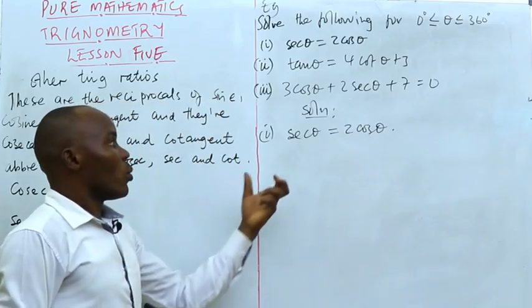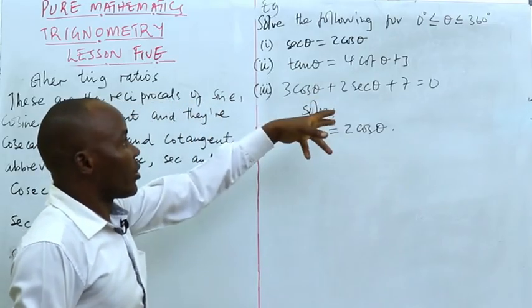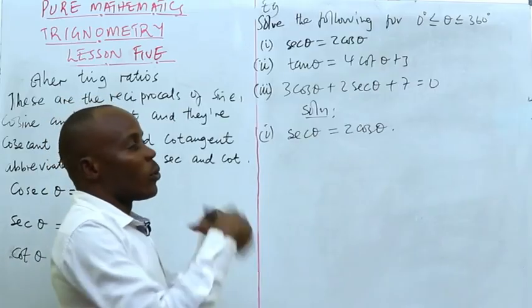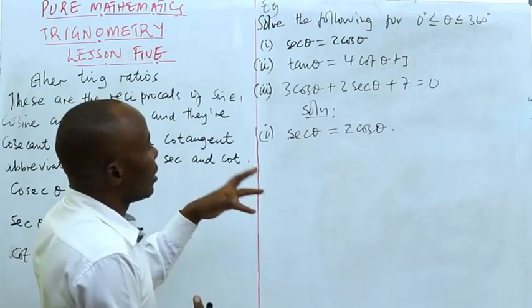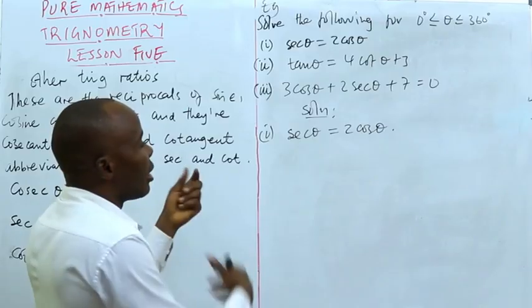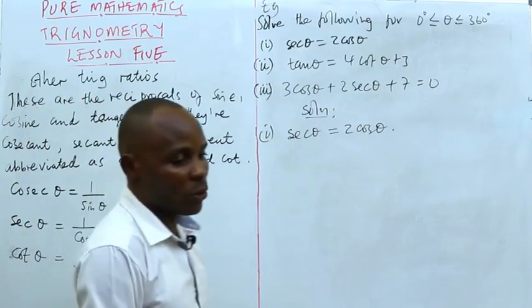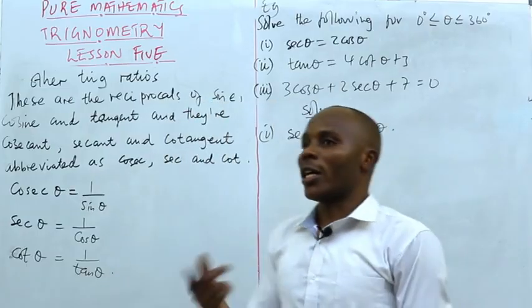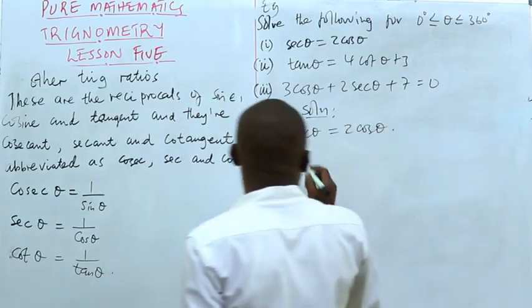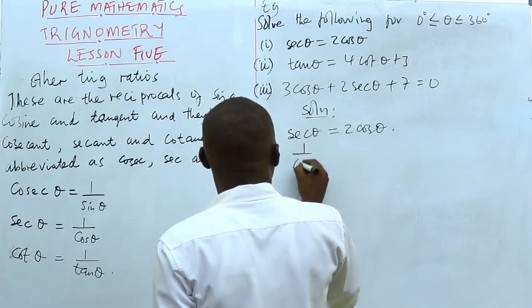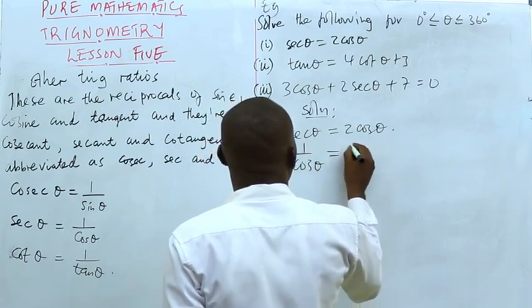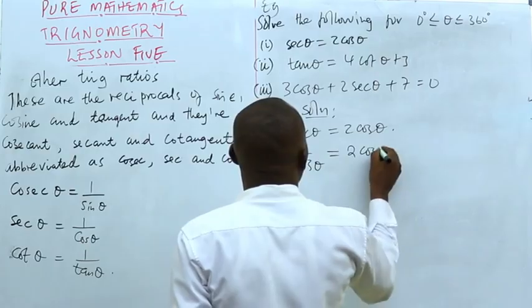What you do, just express these sec or cosec if you find any, just express them in terms of the mother ratios. The mother ratios, I'm referring to the sine, cosine, and the tangent. So sec theta is 1 over cos theta. This one is equal to 2 cos theta.